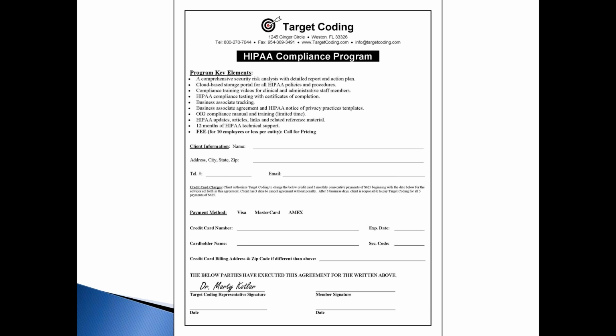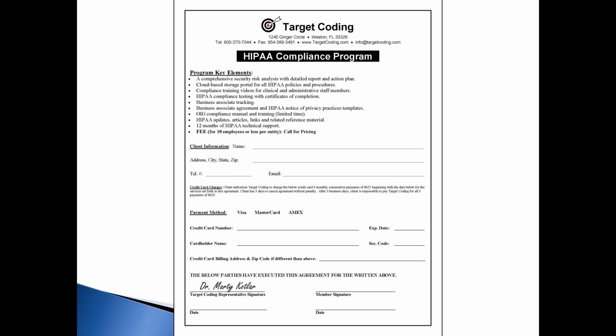Now this is complicated. This would be very difficult. An OIG compliance plan, maybe if you spend about 10 hours, you could probably do it yourself. HIPAA, it's probably 100 hours.